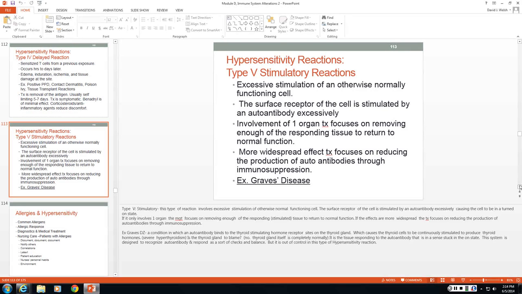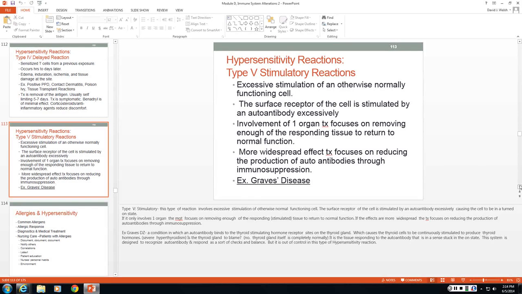So if it involves one organ, the treatment focuses on removing enough of the responding tissue or the stimulated tissue to return to normal function.